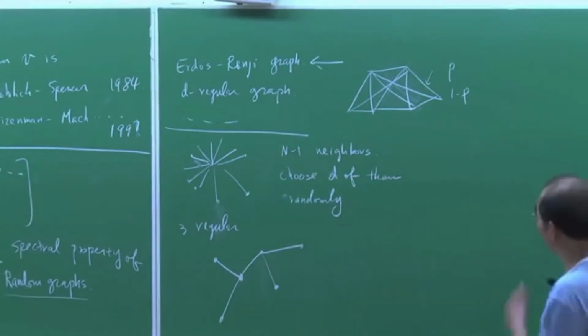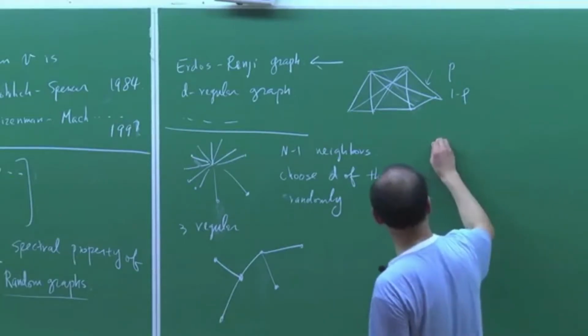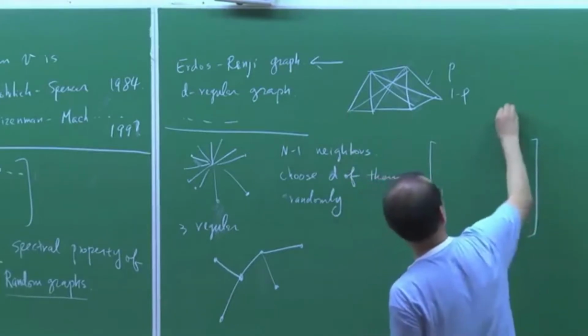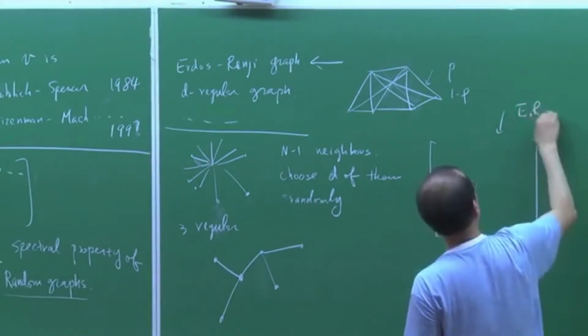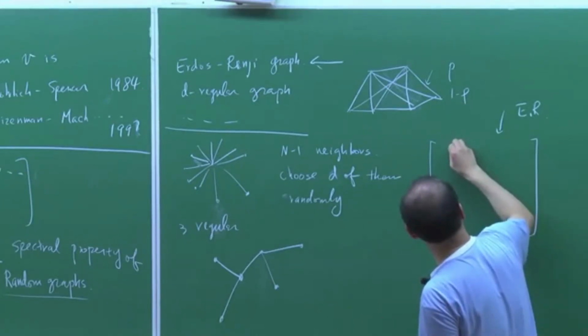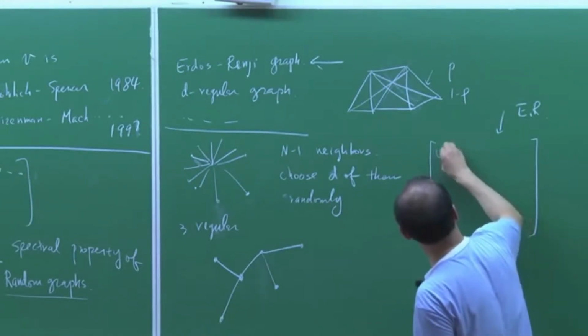The Erdős-Rényi graph is much easier because, in terms of matrix, each entry here is 1 or 0.